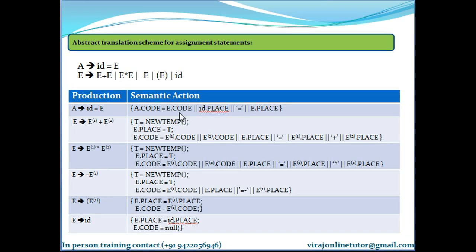Now A dot code is a three address code to execute the assignment statement. Now what is id dot place? id dot place denotes the name corresponding to this instance of token id.